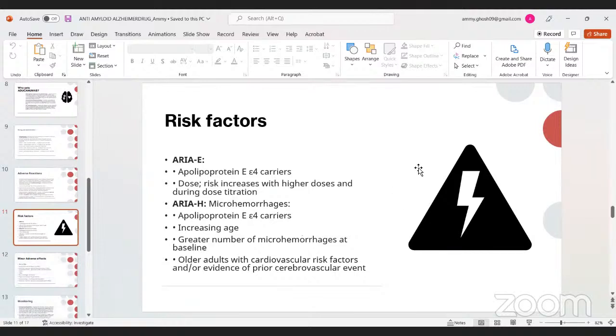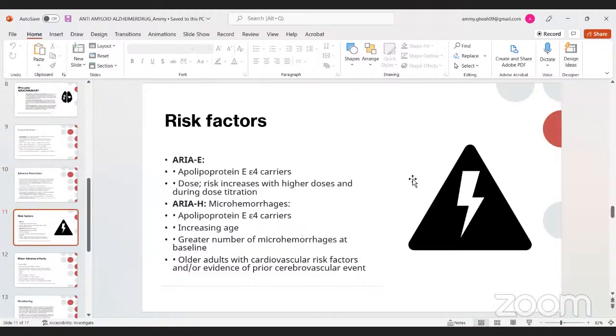So what are the risk factors, and who can get this ARIA, the adverse effects, more? The risk factors for ARIA-E are patients who are apolipoprotein E, E4 carriers. Risk increases with higher doses and during dose titration.